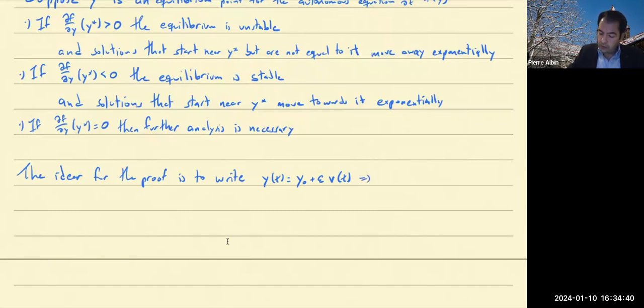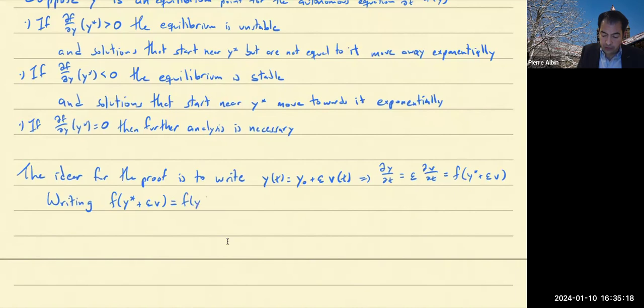So if that's what y is equal to, then the derivative of y with respect to t would be equal to epsilon times the derivative of v with respect to t. But on the other hand, this is equal to f of y, and we've decided that y is y star plus epsilon v. Writing f of y star plus epsilon v as well, it's Taylor expansion, right?